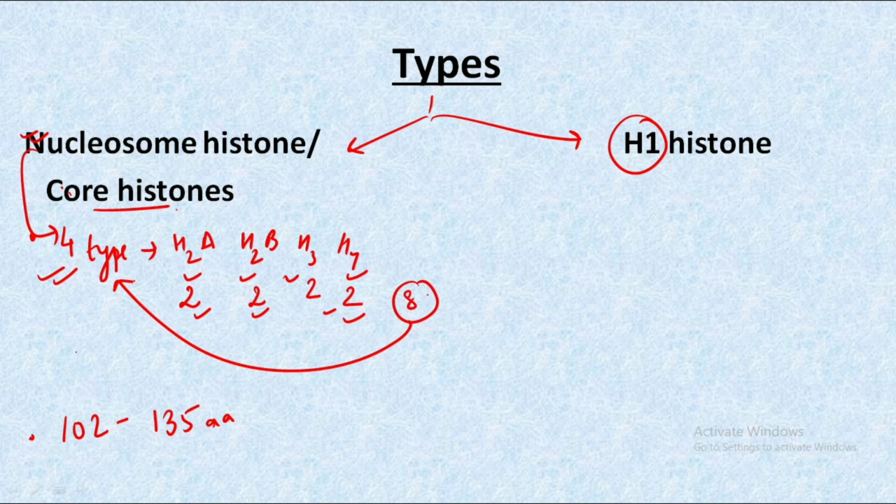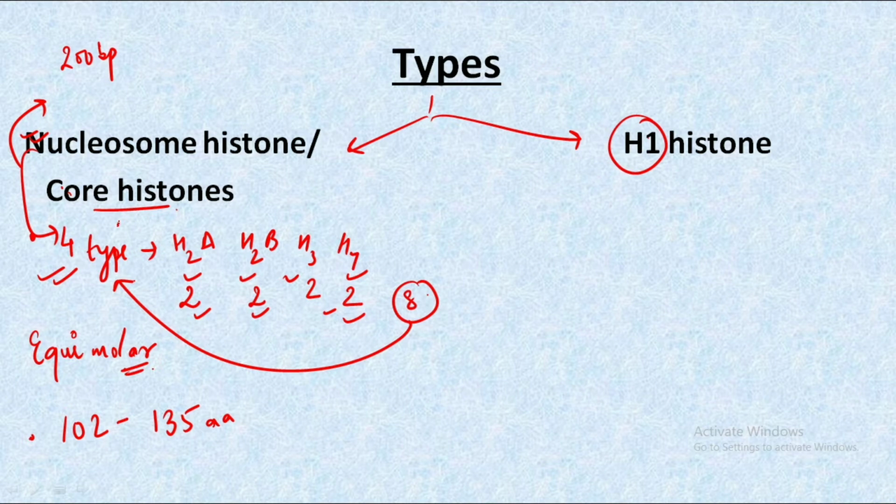Another important point is that each of them is present after every 200 base pairs. That is, when we coil the complete chromatin into a chromosome, we would have some base pairs present.